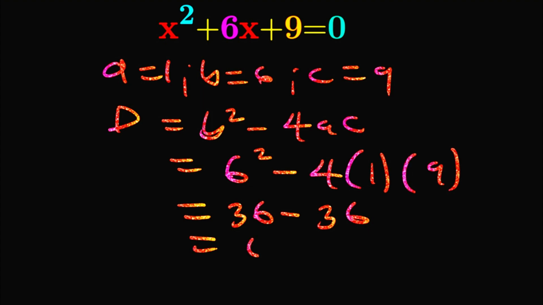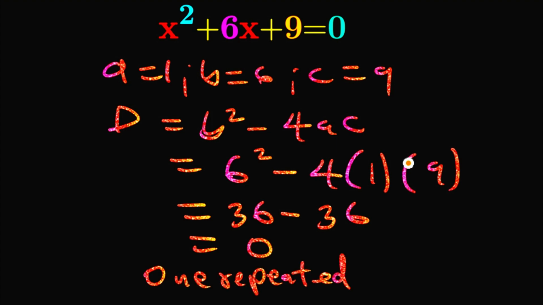So the discriminant is 0. When the discriminant is 0, we have one repeated root. So the nature of the roots of this quadratic equation is one repeated root that is real.